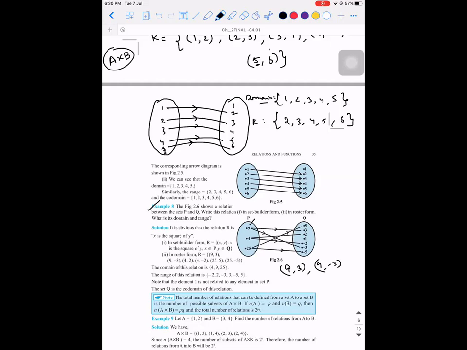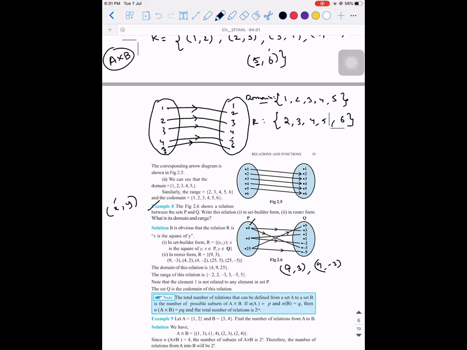Then what can you say? The first term is the square, and the second term is the number whose square is written, right? So the first term is the square of the second term. Generally, when you write the ordered pair as (x, y), how will you establish the relation? x is the square of y.